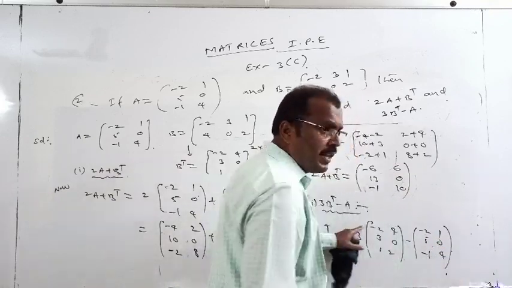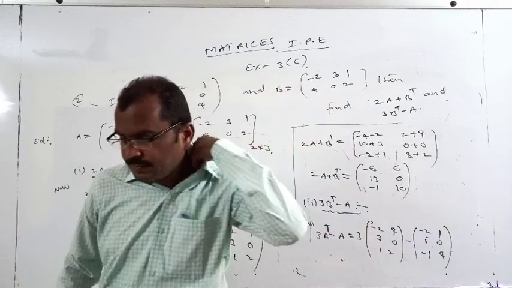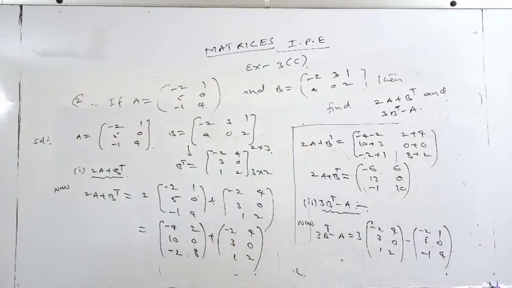Now first multiply the first matrix with 3. So after that, take the subtraction.